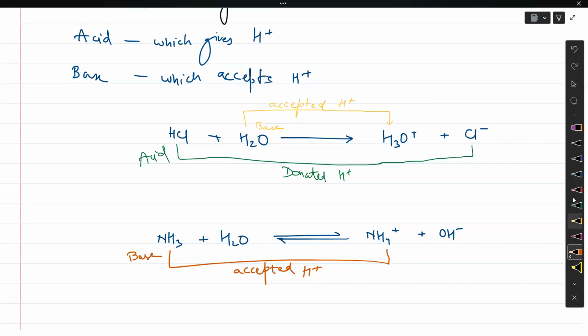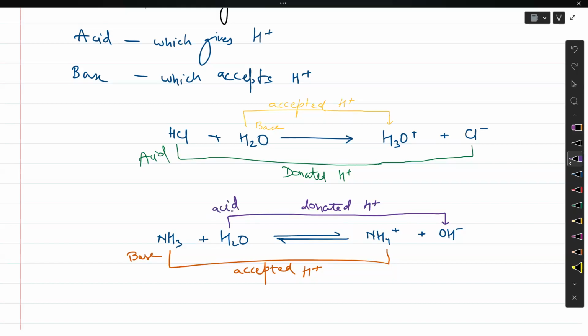Let's take another example where H2O has become OH minus. So it has donated H plus, right? Yes, sir. And it has given its H plus. So it will be acid or base? Acid.